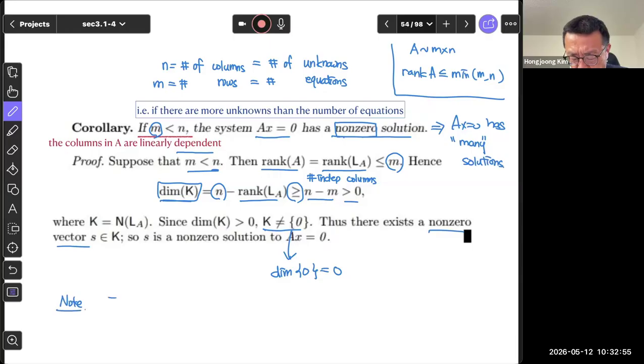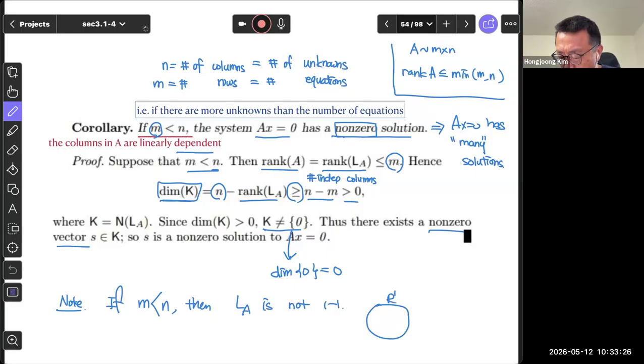In other words, if m is strictly less than n, then L sub A is not one to one, right? It cannot be one to one because Ax = 0 has a non-zero solution.